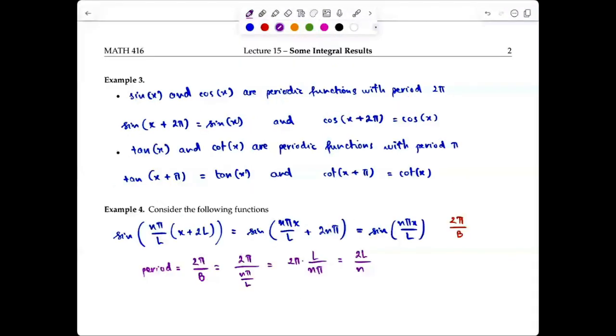And in this case, we assume that n is equal to 1 to just calculate one type of period. If you have n equal to 2, then you have a different period. So when n is equal to 2, you have the period to be L. So the distance between the two peaks of sine and cosine gets closer and closer. That means you're going to have more waves in the sine and cosine functions.